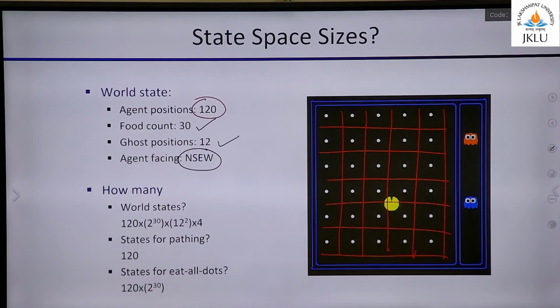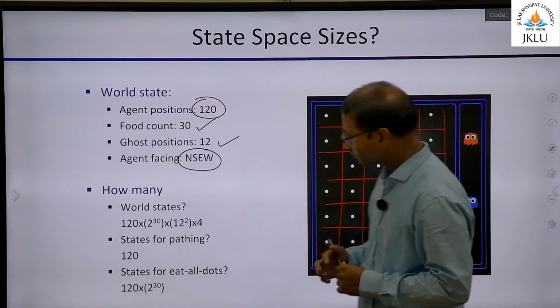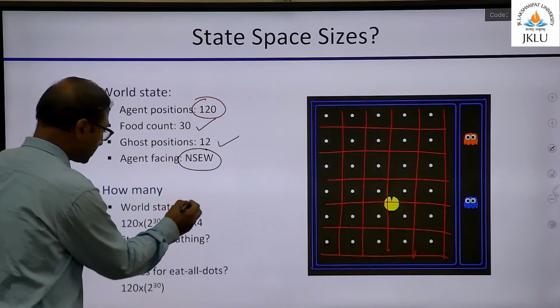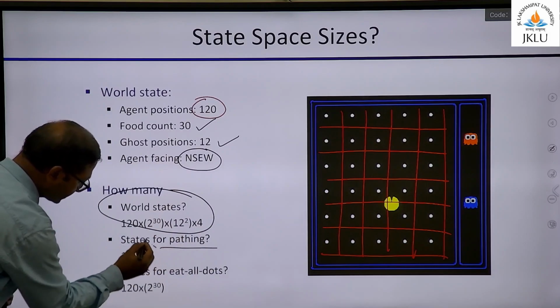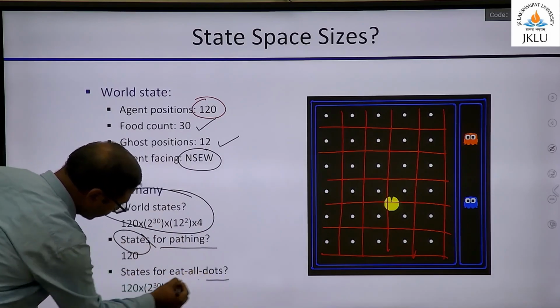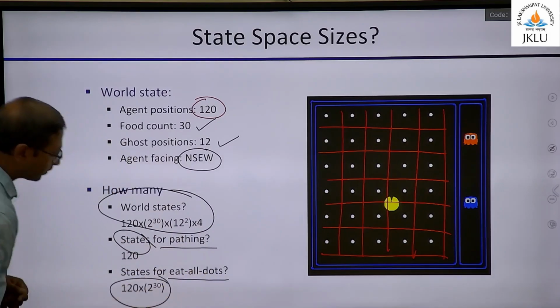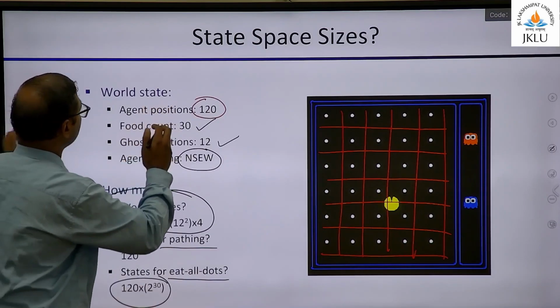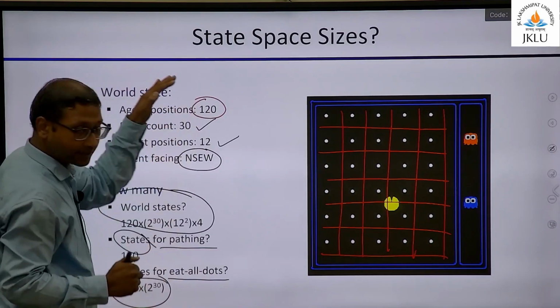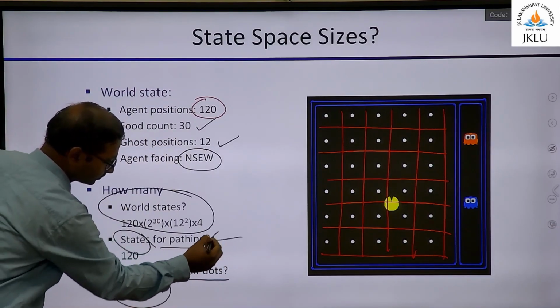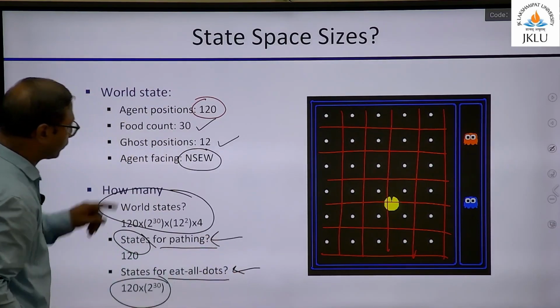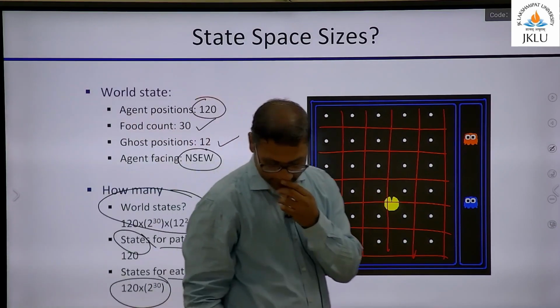You have either eaten a pellet or you have not eaten it, that's it. So this is world state, and if your problem is pathing, this is the number of states, and if your problem is eat all dots, this is the number of states. So world state can actually have a lot of other things, but look at the problem that you are solving, okay? Your world state will reduce drastically.